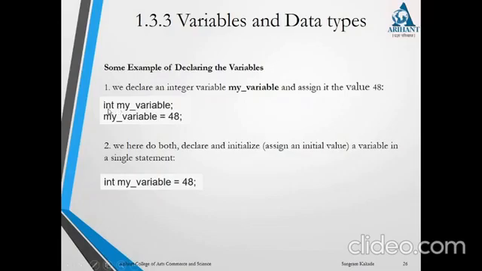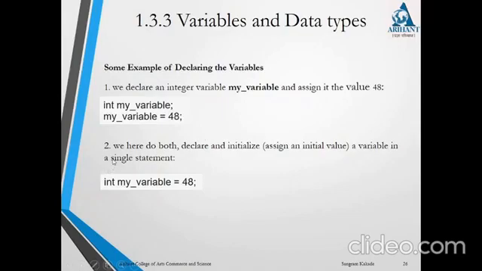Once I declare the data type, I should assign the same data type of value. So my variable is equal to 48. I have used the assignment operator over here. This is my variable name, and I am assigning the value 48 to this variable. 48 is an integer value, so it will work fine.